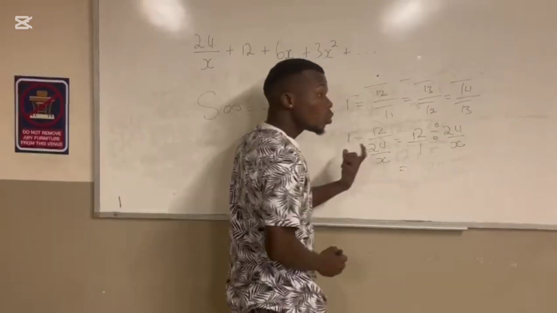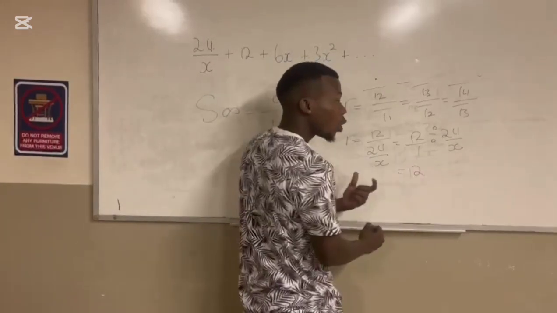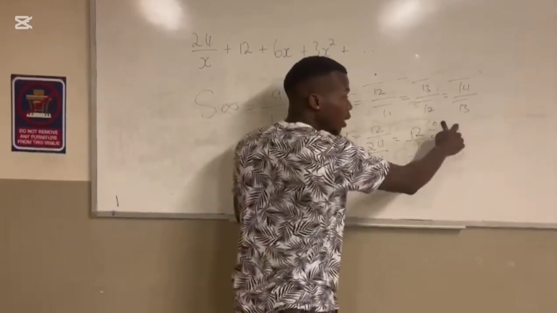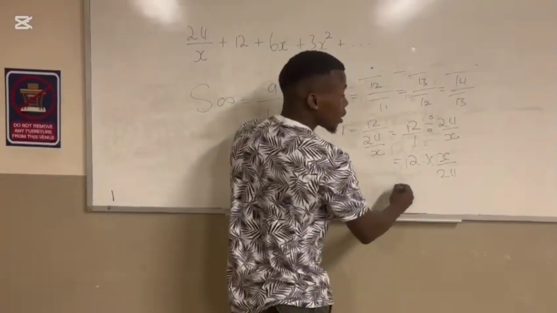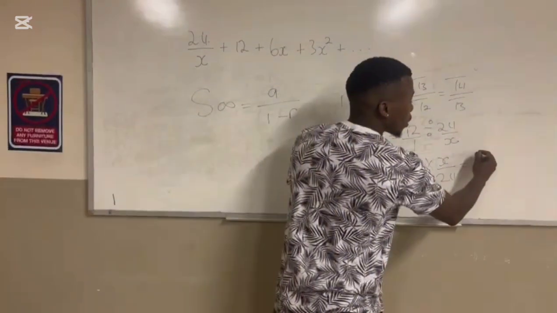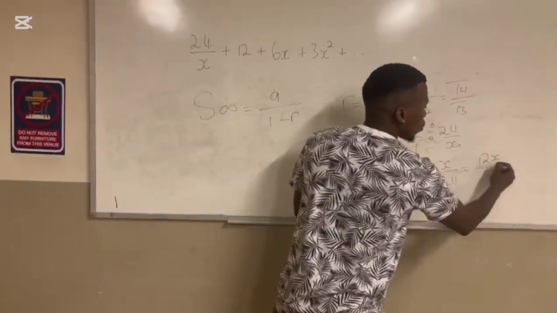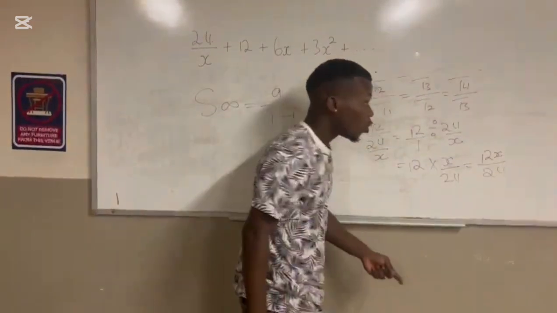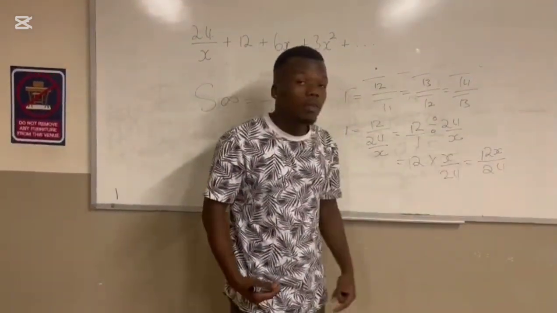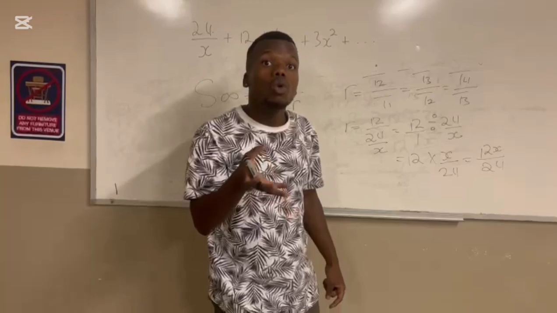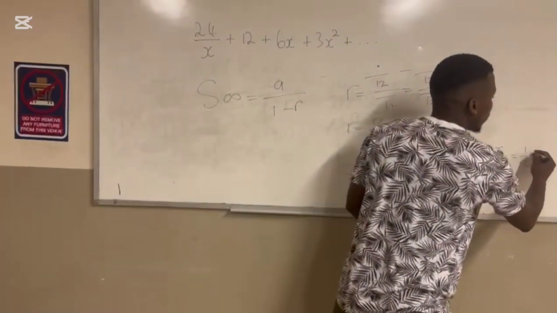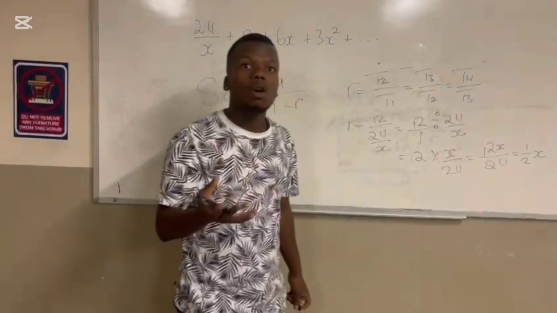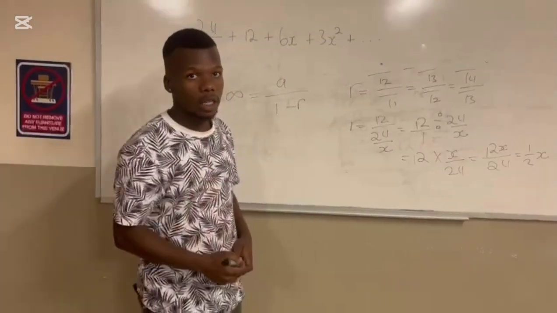Here I have 12 multiplied by x over 24. This is the same as 12x divided by 24. What is 12 divided by 24? It is 1 over 2. So I have 1 over 2 multiplied by x. Now let's go to the next question.